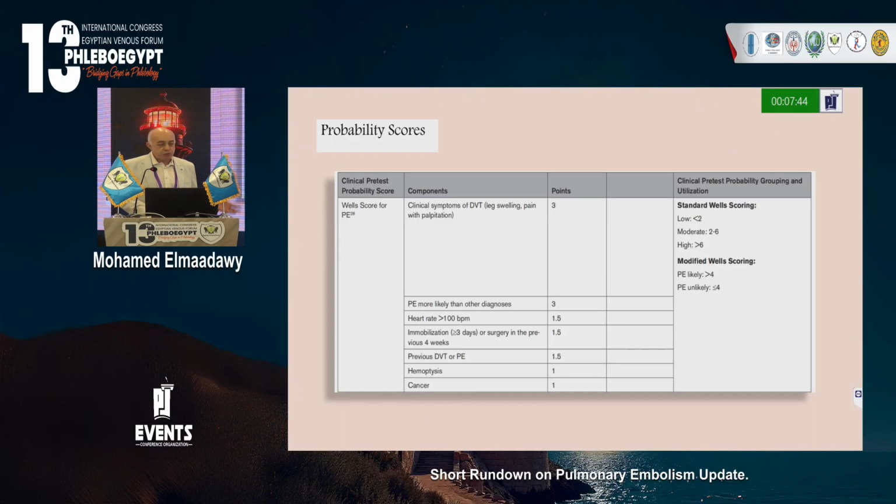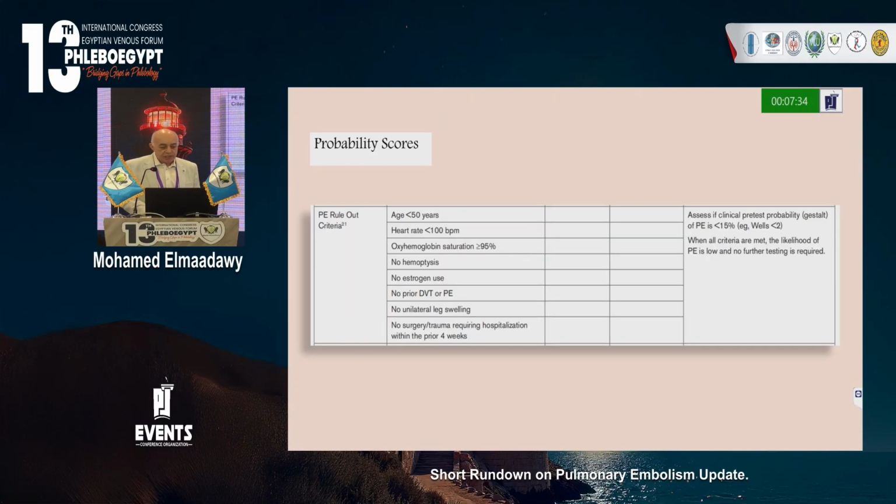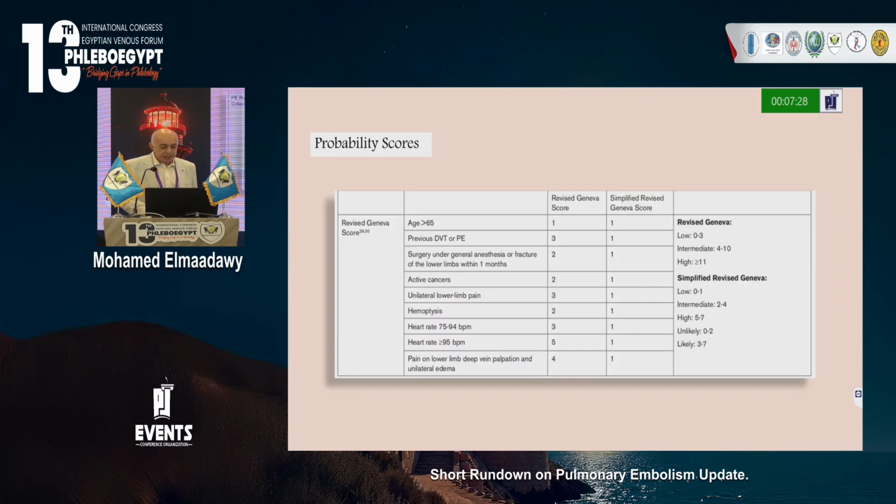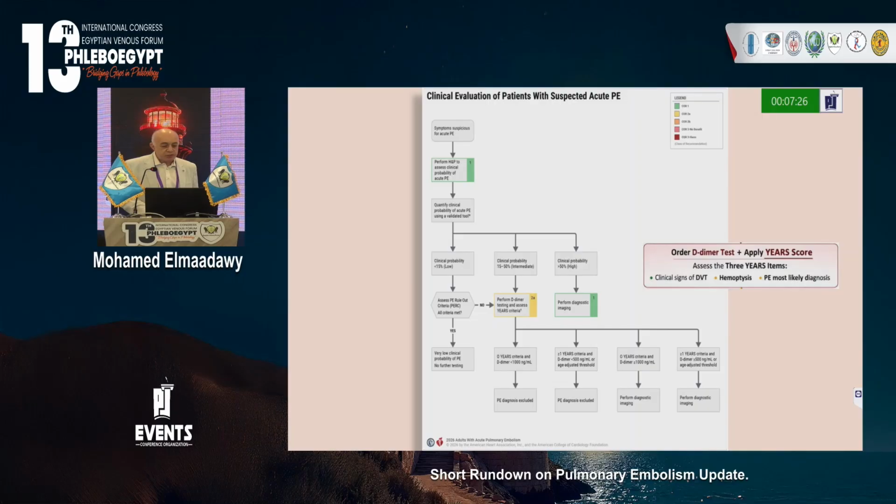Unfortunately, each one has its applications on the mobile phone, and you can calculate the risk of the patient in a matter of a few seconds. This is the Wells score and also the pulmonary embolism rule-out criteria, which is the PERC, revised Geneva score, and so many as you know.